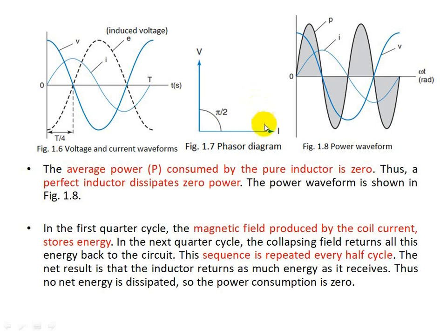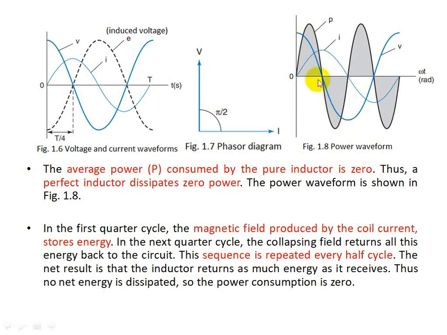In other words, I can also say that the current makes an angle of 90 degrees in the clockwise direction. In this case, I can say that the current lags the voltage by 90 degrees. So both imply the same.